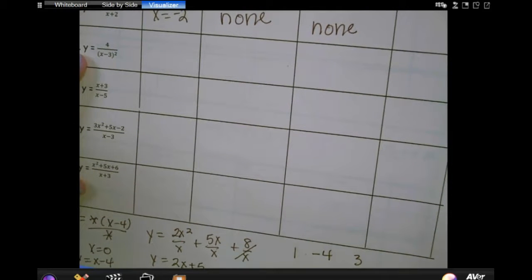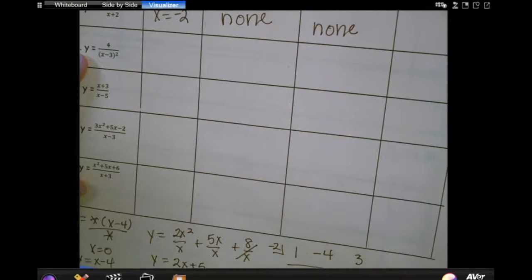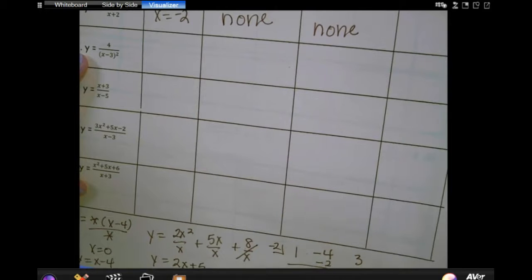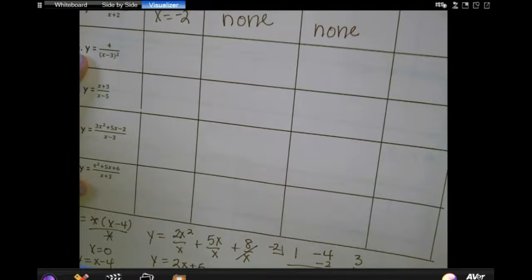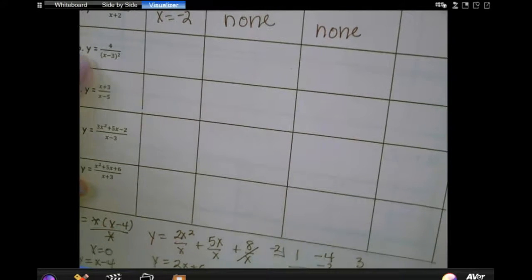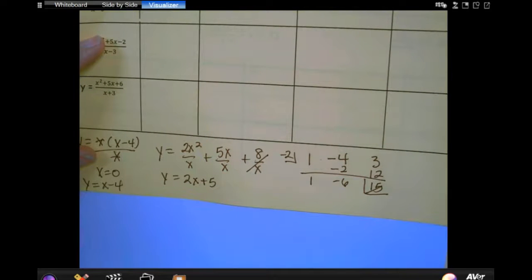And what am I testing? Am I testing 2 or negative 2? Negative 2, because I want the root. So when I synthetic divide, I get 15 as the remainder. We don't care about the remainder, so I get y equals x minus 6.